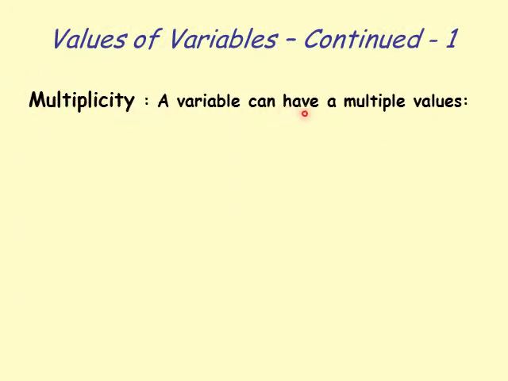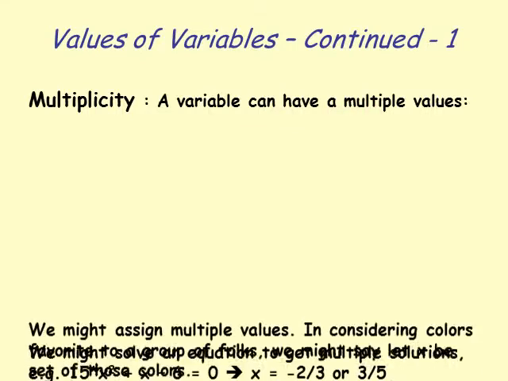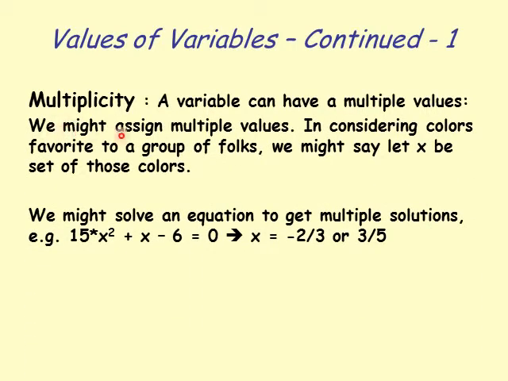Multiplicity: a variable can have multiple values. We might assign multiple values, for example the favorite colors of a group of folks. We might say let x be the set of those colors, or a variable y represent all the weekdays, meaning Monday, Tuesday, Wednesday, Thursday, and Friday.